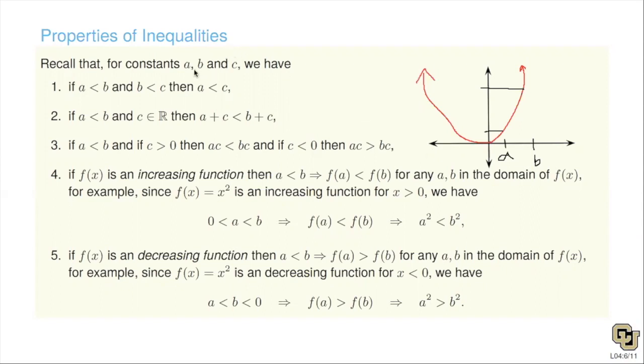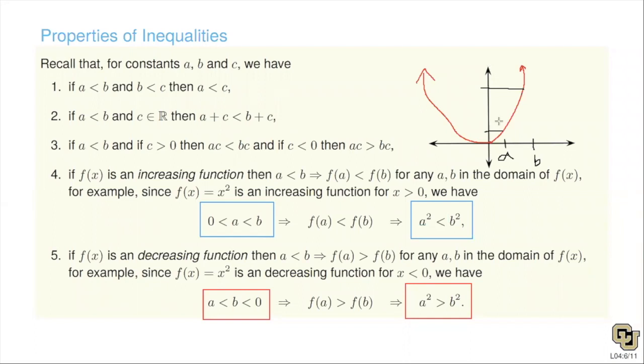So if a is less than b and they're both less than 0, and you square, then a squared will be greater than b squared, not less than b squared. And compare it with this other one. If a is less than b and they're both positive, then a squared will be less than b squared.